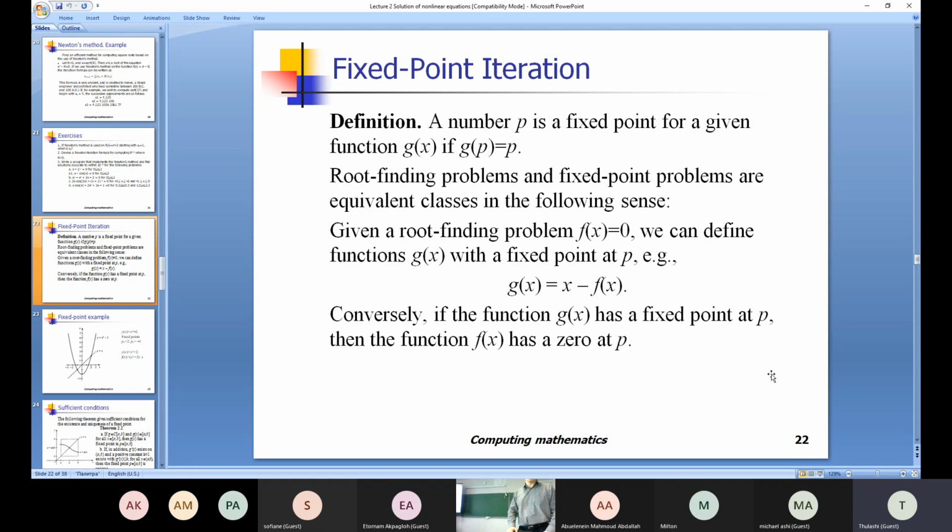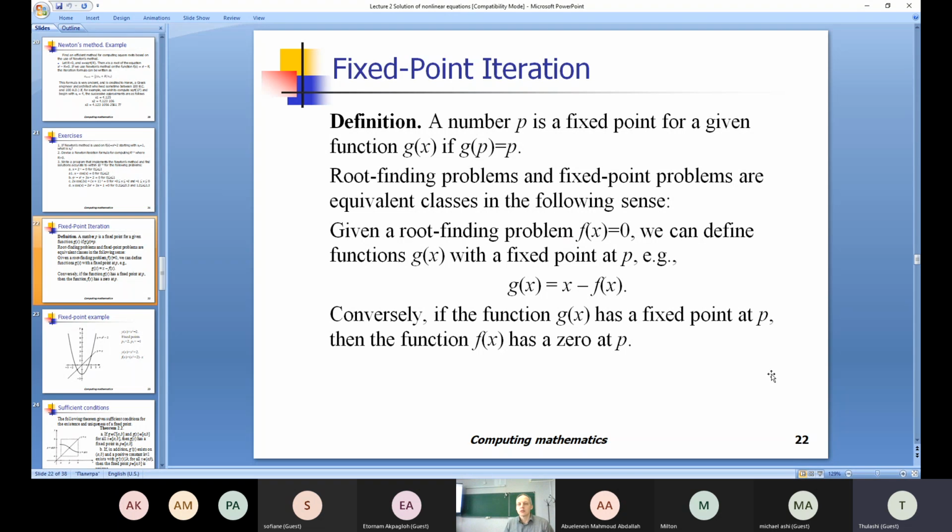Another fixed point for x squared is also very simple. 0. 0 in square equals to 0. 0 is another fixed point for x squared. Some functions don't have fixed points. But for x squared we have these fixed points.